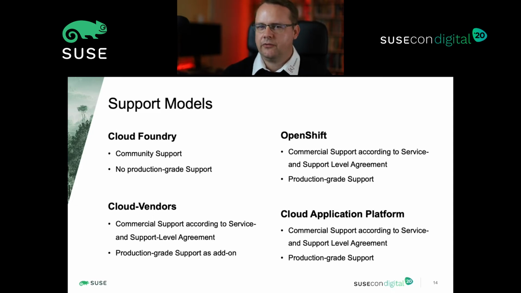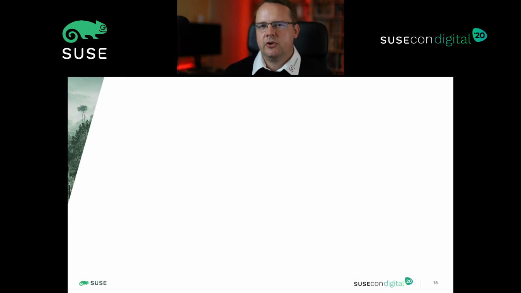So you are not forced to interact with a representative of one of the cloud vendors, of Red Hat or of SUSE if you don't want to. But having that opportunity is very important for commercially run applications. So you should take that into consideration whenever you look for commercial options.